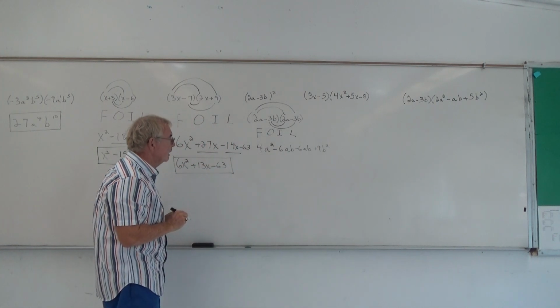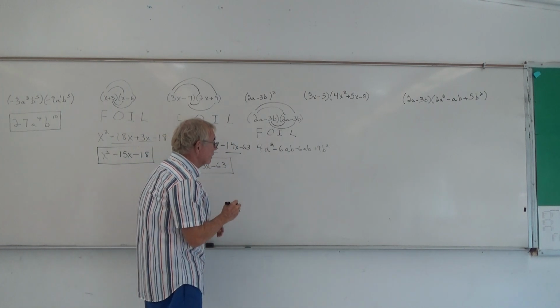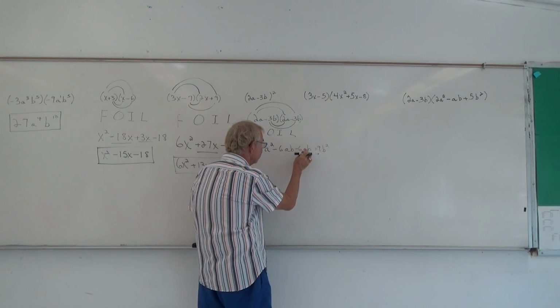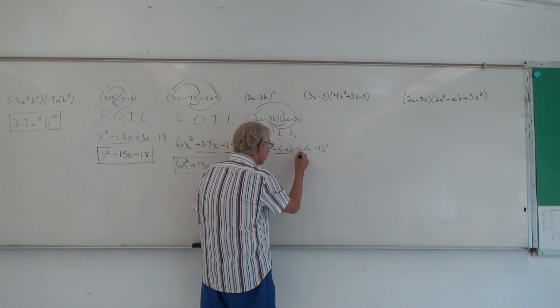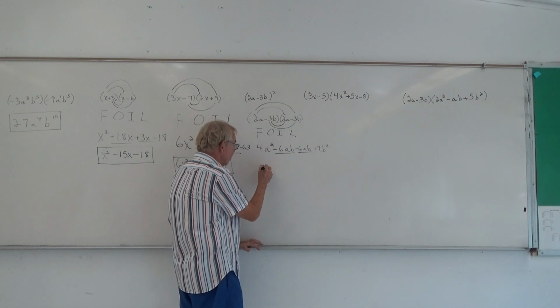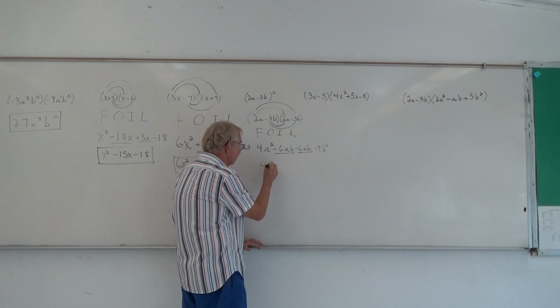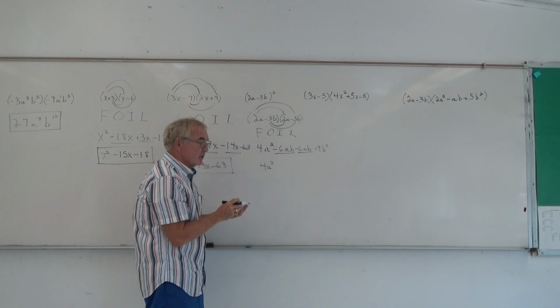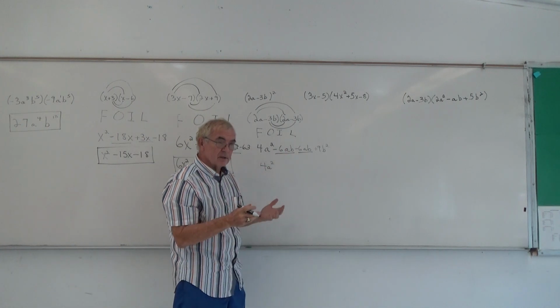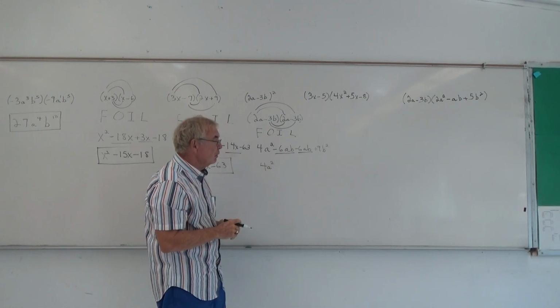Okay. Now, we collect like terms. Notice they're very easy to see. There's an AB term, there's an AB term. So we highlight them, and we've got to put them together. So we have 4a squared. Now, if you owed someone $6, and then you owed another person $6, the owing is the negative, you would be 12 in debt.